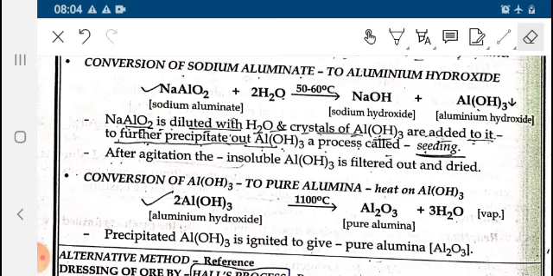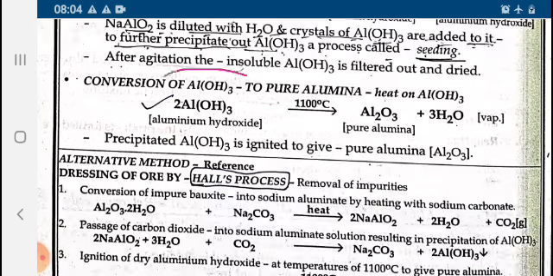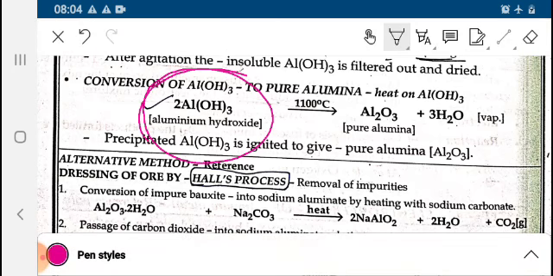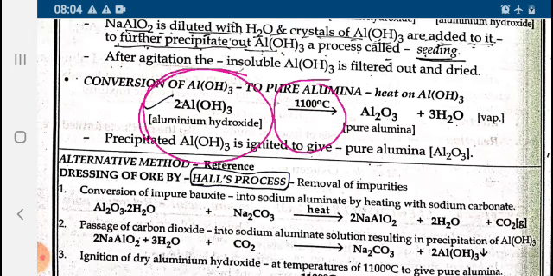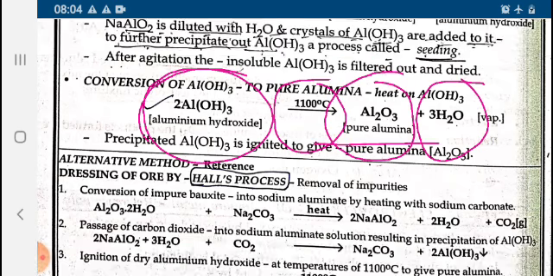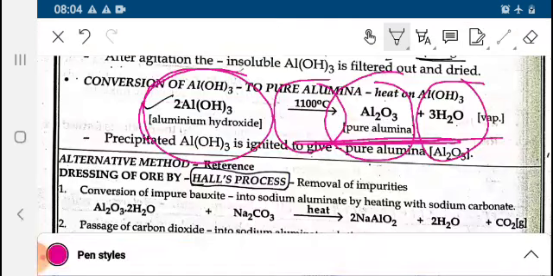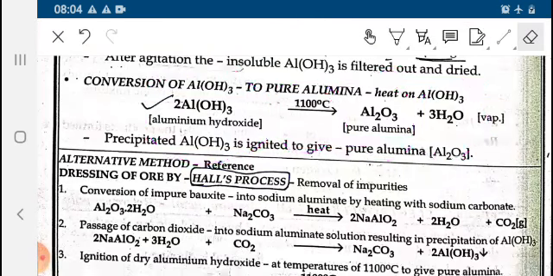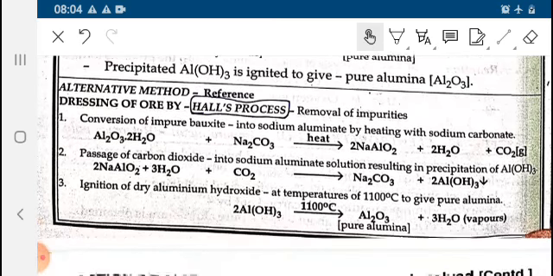In the last step, aluminium hydroxide is further treated at a very high temperature, a decomposition reaction takes place, forming Al2O3 and water. But the difference is that the Al2O3 we are getting is pure alumina. In the starting we have taken impure bauxite, and at the end we are getting pure alumina. This is the Bayer's process.